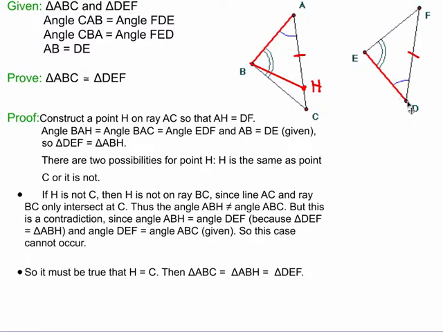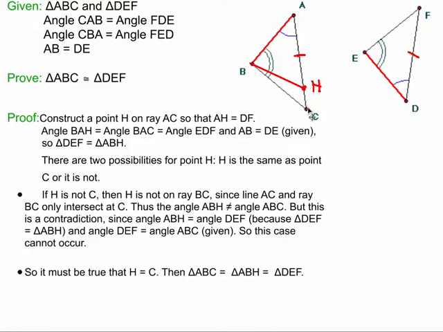But by construction, we know angle DEF also equals angle ABC. Therefore, angle ABH has to equal angle ABC. So it's impossible for H to not be equal to C, and so it must be true that H is equal to C.